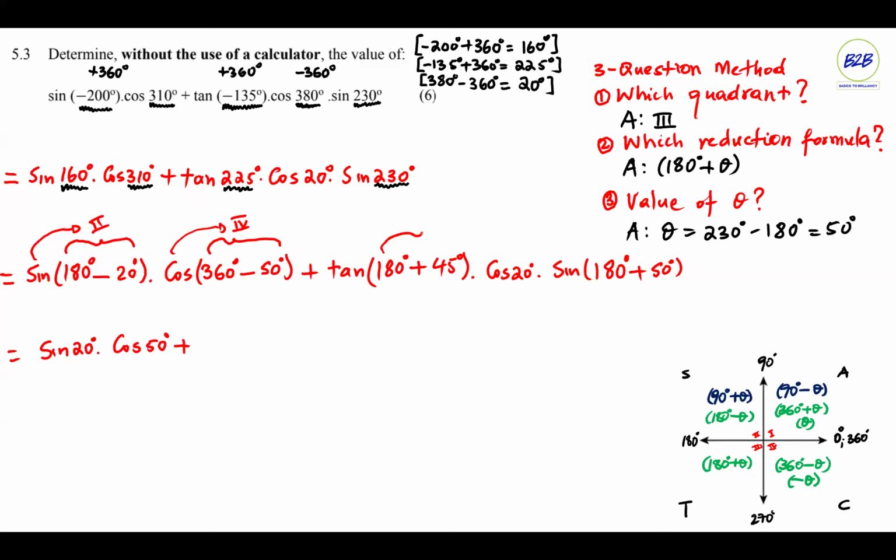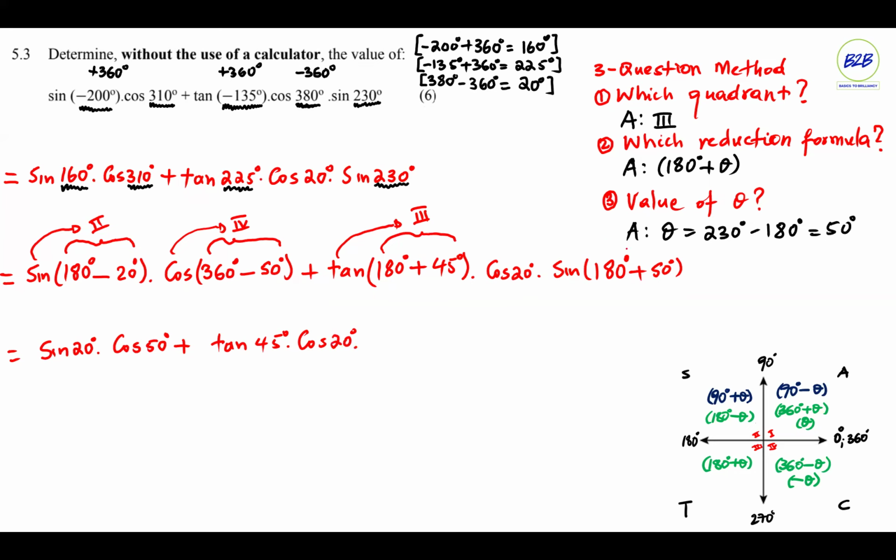This is the third quadrant, and tan is positive in the third quadrant. This is cos 20. Again, we don't see the necessity yet. Perhaps it's even good to have 20 because we also have 20 here. So we don't see the necessity, therefore let us not change yet.